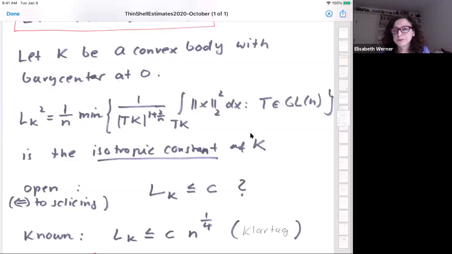I don't think I need to explain what that is. Everybody is familiar with this. And of course, we all know that it's an important open problem in convex geometry and many other areas if it's really a constant. And the best known result so far is due to Bourgain. I don't need to go into details here.